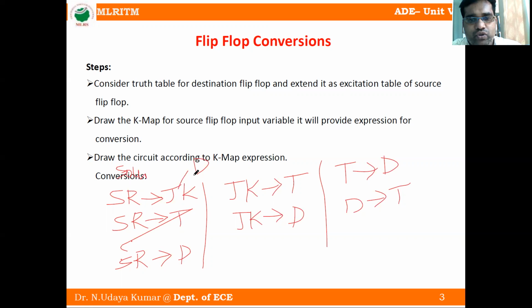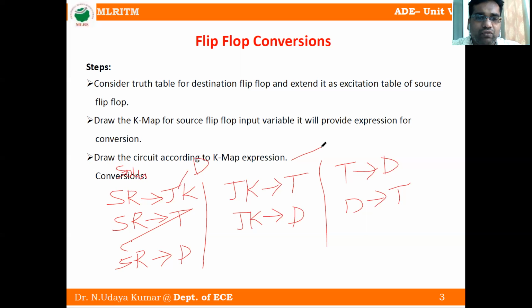Consider the truth table for destination flip-flop and extend it as excitation table of source flip-flop. That is the first step. Second one is draw the K-map for source flip-flop input variable. It will provide expression for the conversion. Third one is draw the circuit according to the K-map expression.